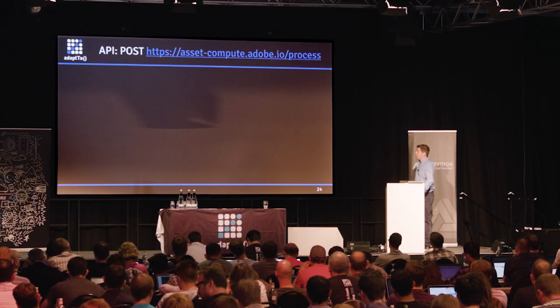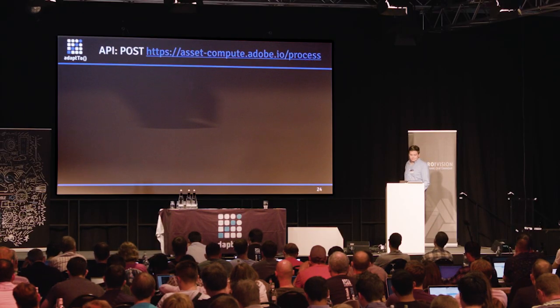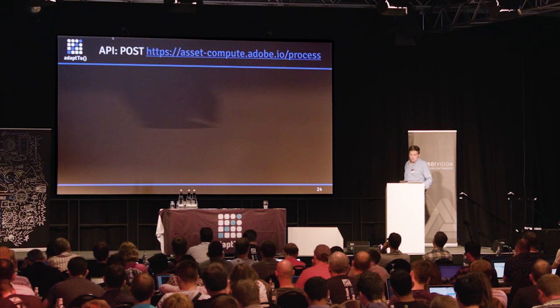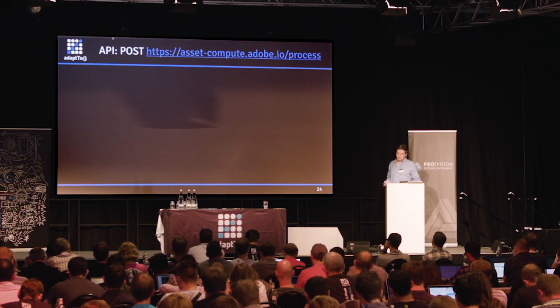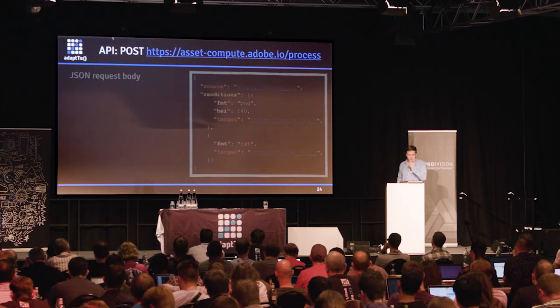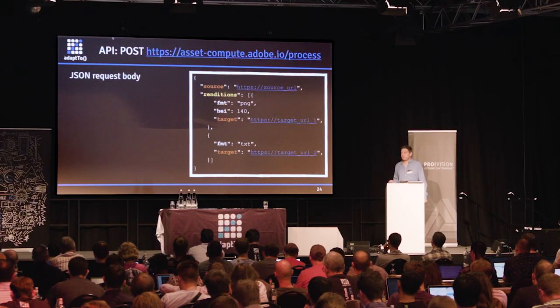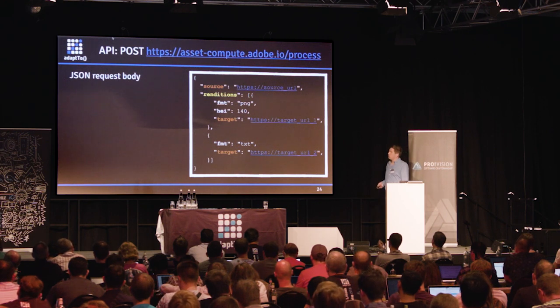So I think I've got to hurry up a little bit. But the API is pretty simple. It's essentially one endpoint where you post the JSON to tell it to process. A simplified JSON might look like this.